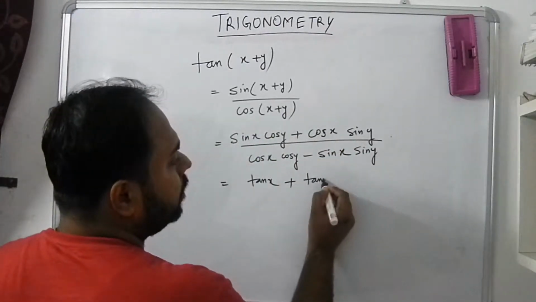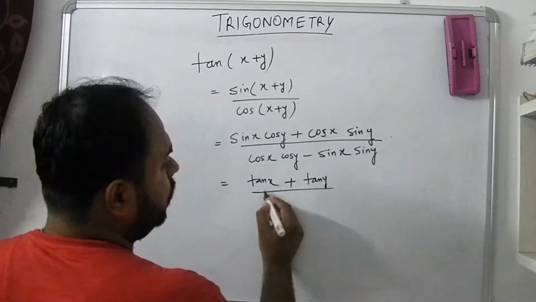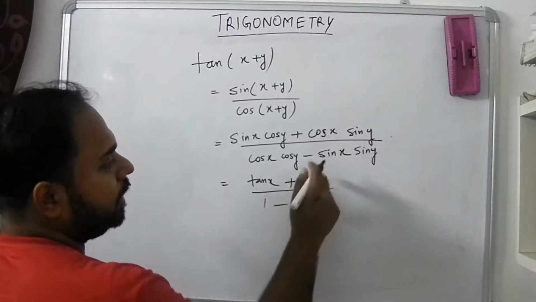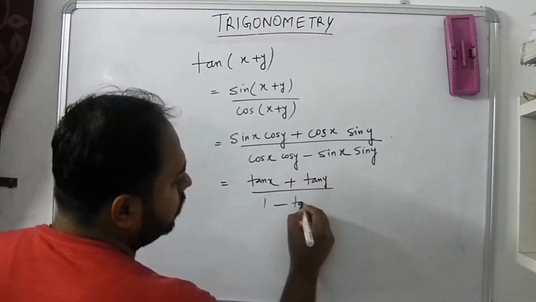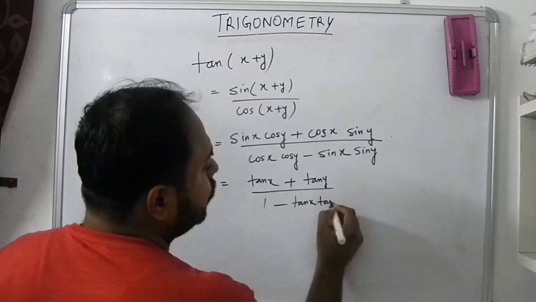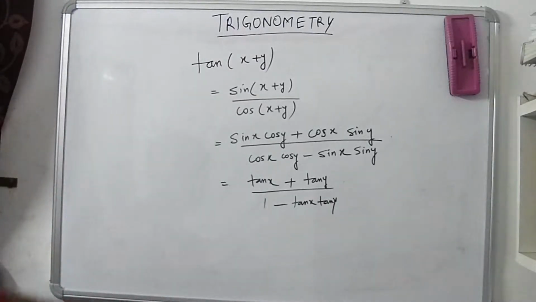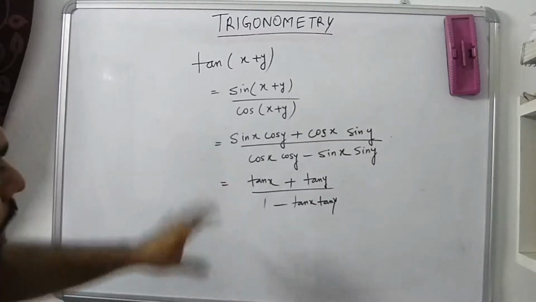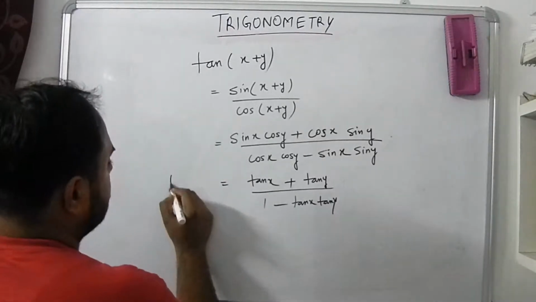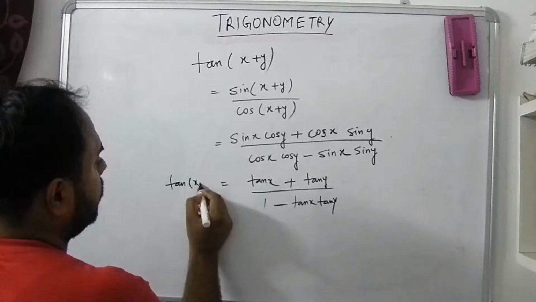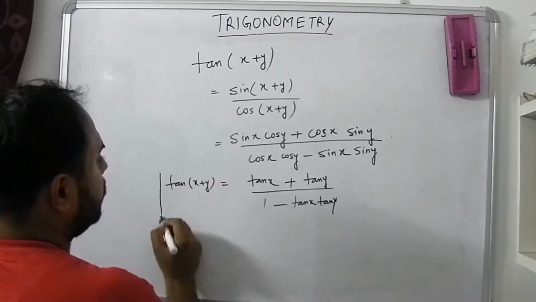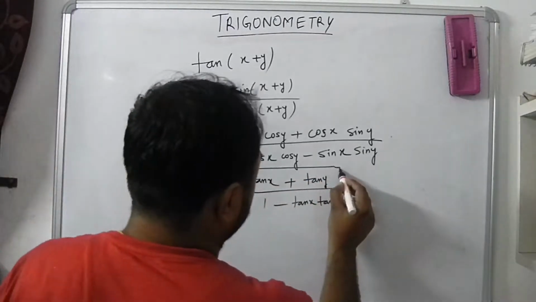So numerator becomes tan x plus tan y upon, this gets cancelled, 1 minus tan x tan y. And this is what we wanted. We wanted tan of x plus y in terms of tan x and tan y. So this is what we are able to get. So this is the formula. This is a good formula.